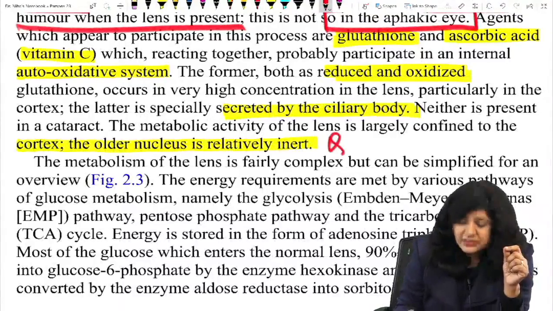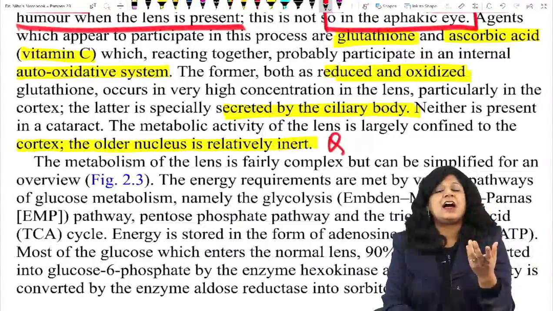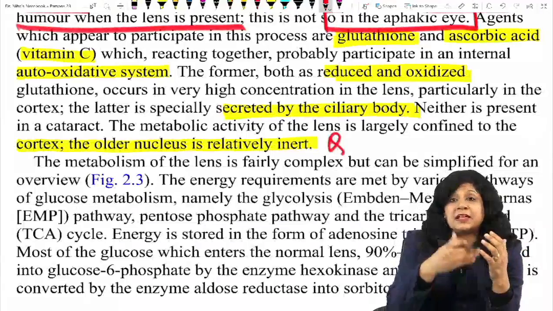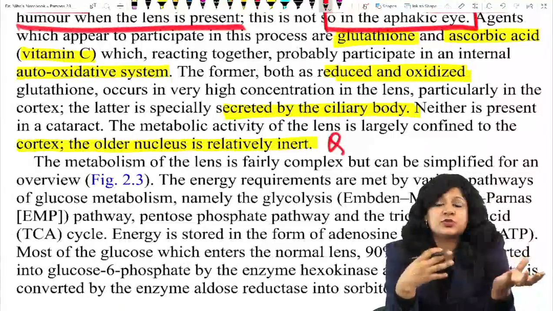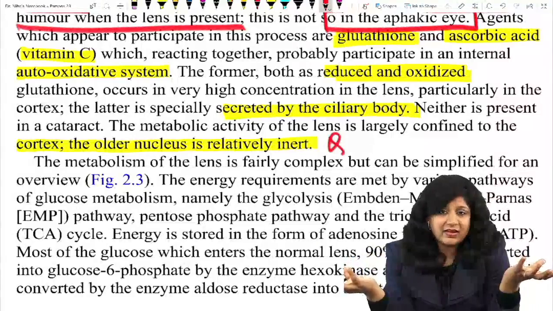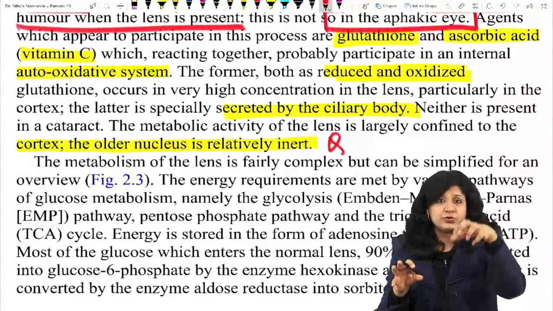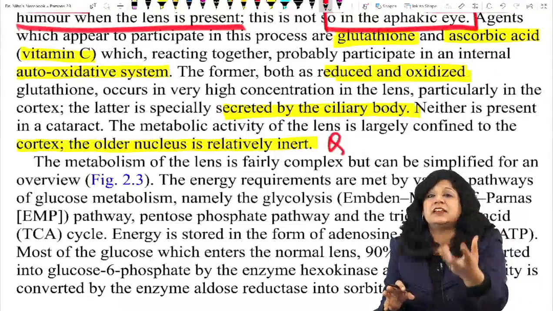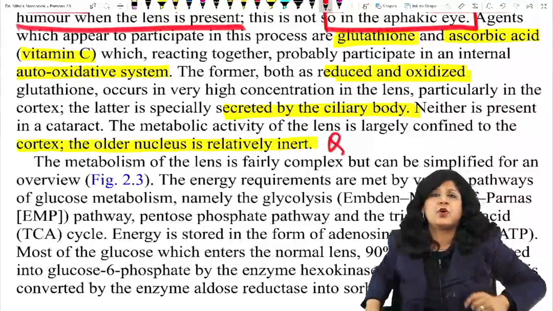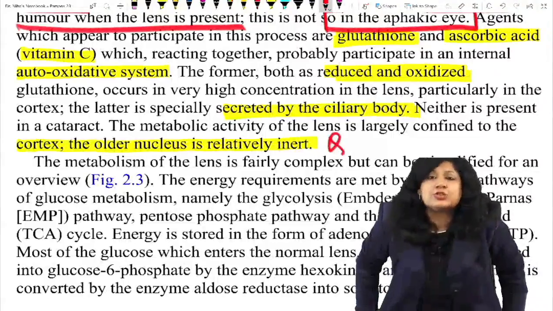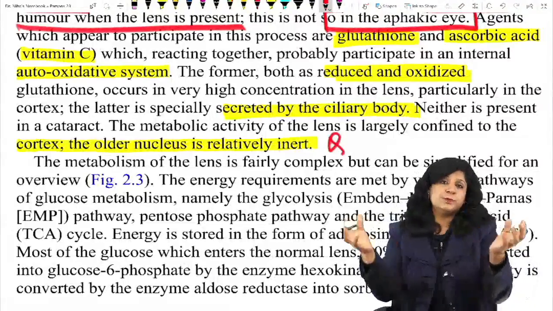So basically the things they are telling are the same, but the places at which they are telling them are sprinkled here and there. So we have confined the things, like I have told you: the metabolic part of the lens under the topic of lens only, and the metabolic part of the cornea under the topic of cornea only, so that it becomes easier for you to summarize.